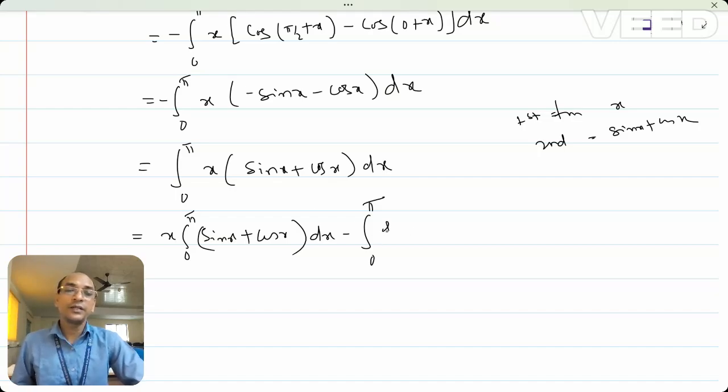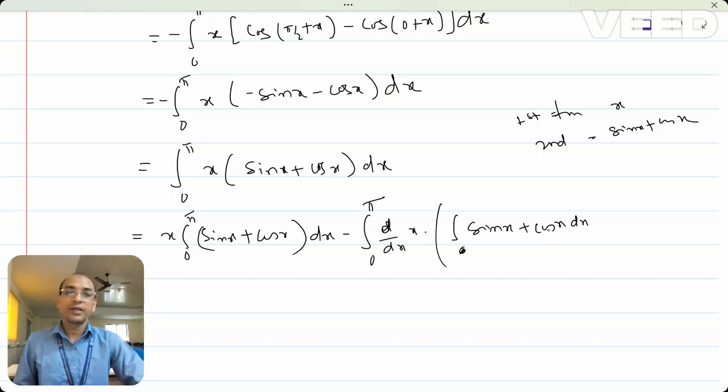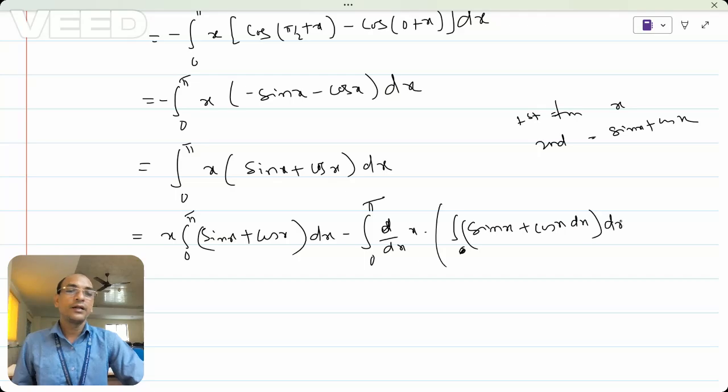Derivative of the first function means d by dx of x, into whatever integration we get from here. Here I will take sin x plus cos x dx as it is. Whatever integration I get here, I will put here, and I will integrate the whole thing with respect to x.